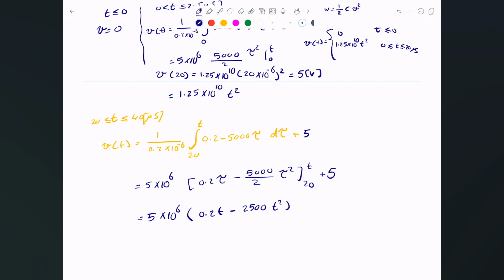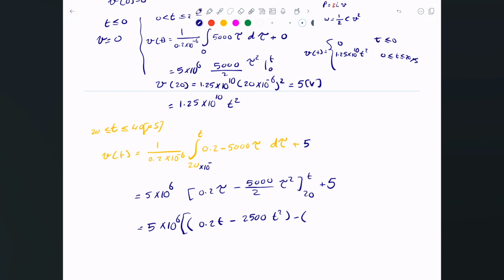And the whole thing in here, we subtract 0.2 times 20 microseconds. Of course this one is because it's 20, it has to be multiplied by 10 to the negative 6, so that we're dealing with seconds. So that will be 0.2 times 20 times 10 to the negative 6 minus 5,000 divided by 2 times 20 times 10 to the negative 6, the whole thing squared, and plus 5 as well.